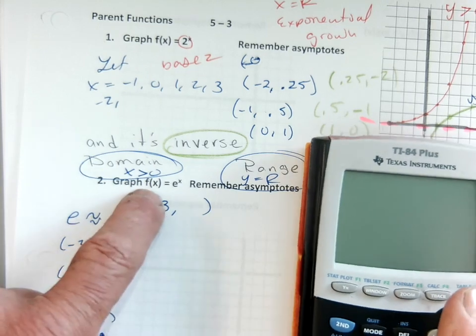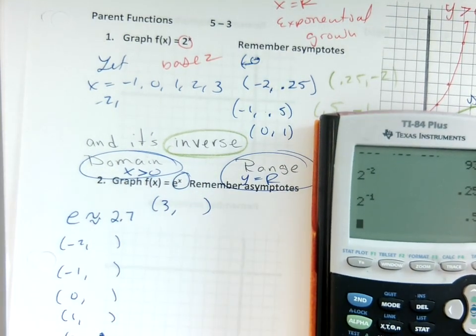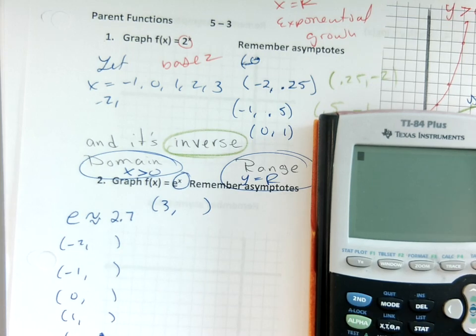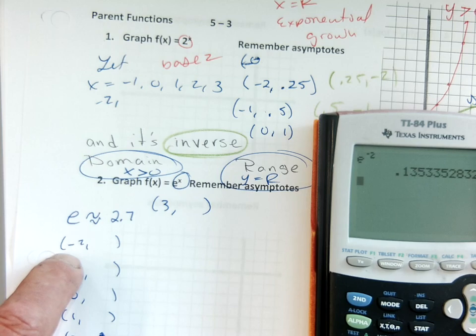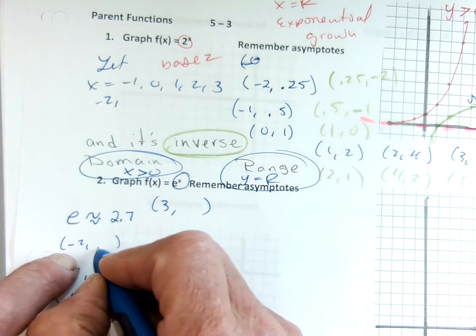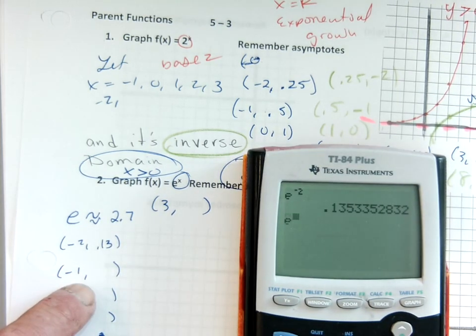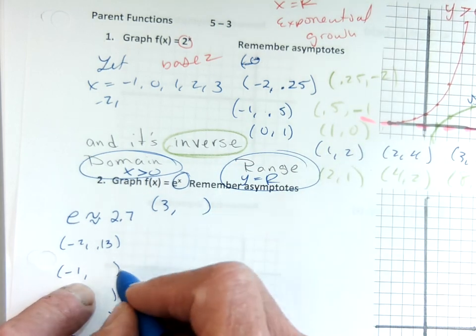I have an e button on my calculator, e to the x. So I'm going to just use my e to the x button. e to the -2 is about 0.13. If I do e to the -1, about 0.36.